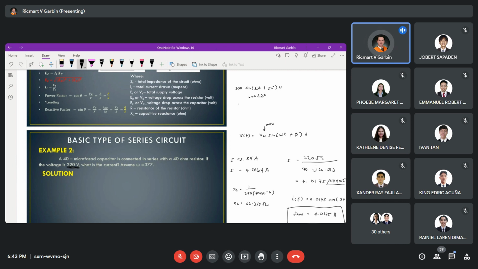So, ang makukuha mo na value ay naka-maximum na din, over yung impedance, whatever impedance is given. Okay? So, clarification lamang yun.